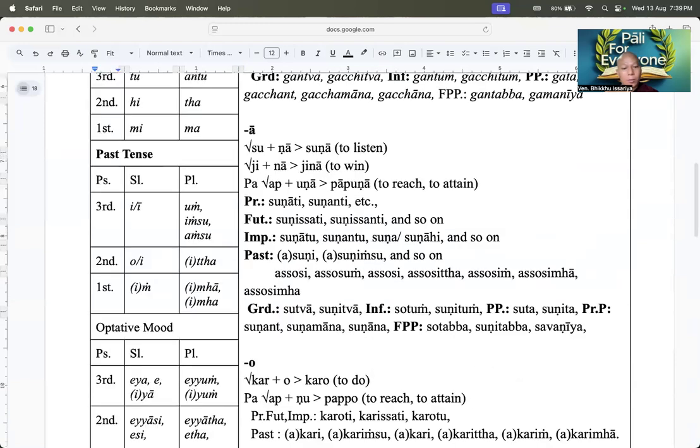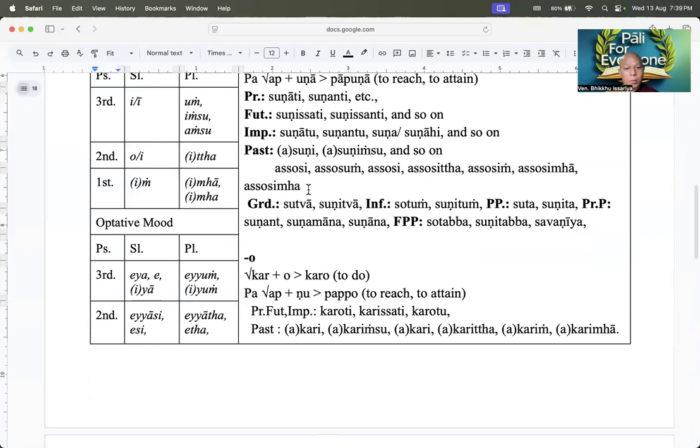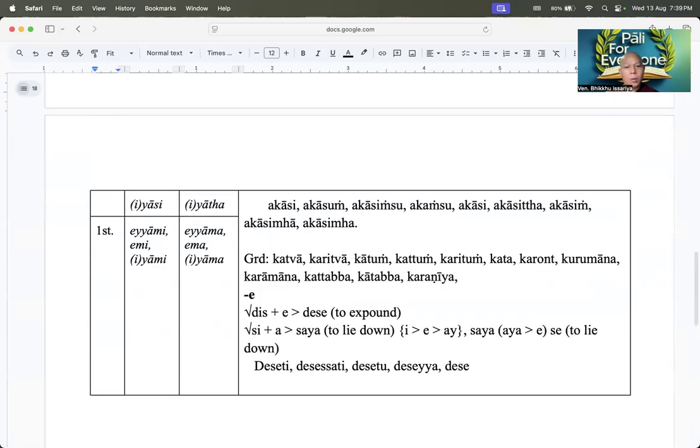Root, so for the optative verb, Gariya, Gari, and then Gayira, and also Gariyo, and Gayiro, and then Gariyasi.